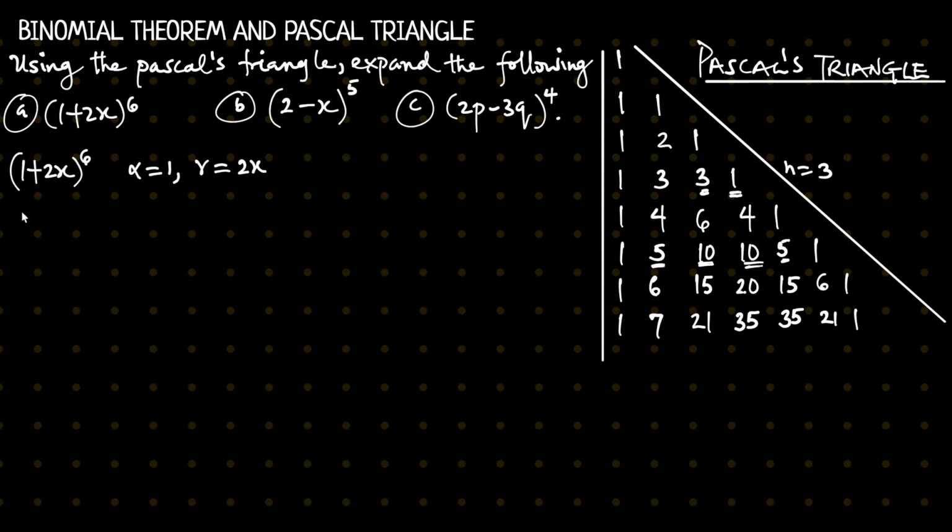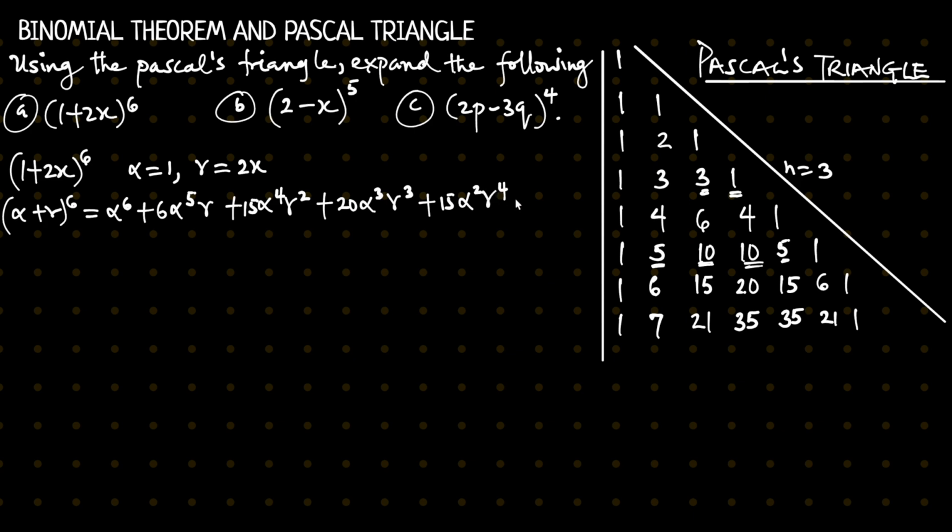And based on what we have here, alpha plus gamma to the power of 6 is going to be equal to alpha to the power of 6 plus 6 alpha to the power of 5 gamma plus 15 alpha to the power of 4 gamma to the power of 2 plus 20 alpha to the power of 3 gamma to the power of 3 plus 15 alpha to the power of 2 gamma to the power of 4 plus 6 alpha gamma to the power of 5 plus gamma to the power of 6.